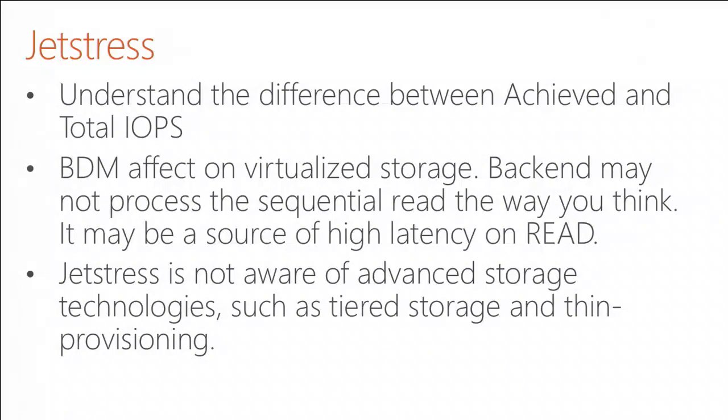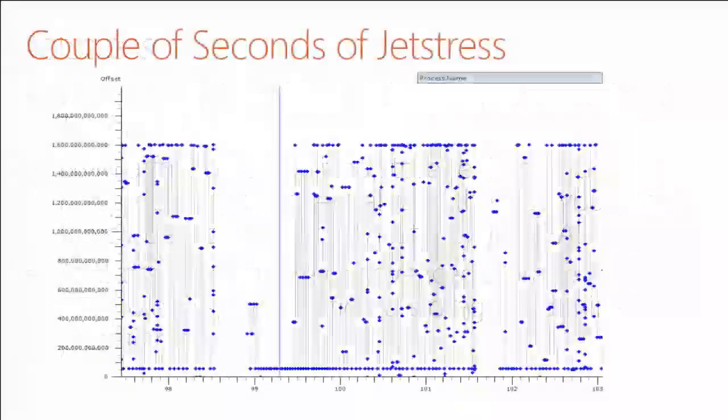We got JetStress results that are amazingly bad, not because the storage was bad, but because the test does not play well. So we need to be aware if you have those types of storage. And we can talk about that later, because that's a big topic.